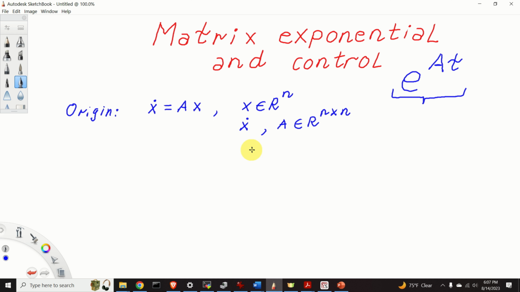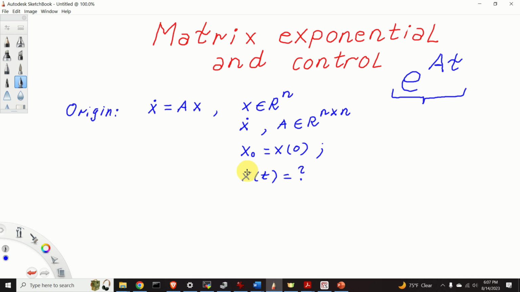Let us assume that someone gives us an initial condition, x0, that is, x of 0, and that person gives us the following problem. Compute the state trajectory of this system.